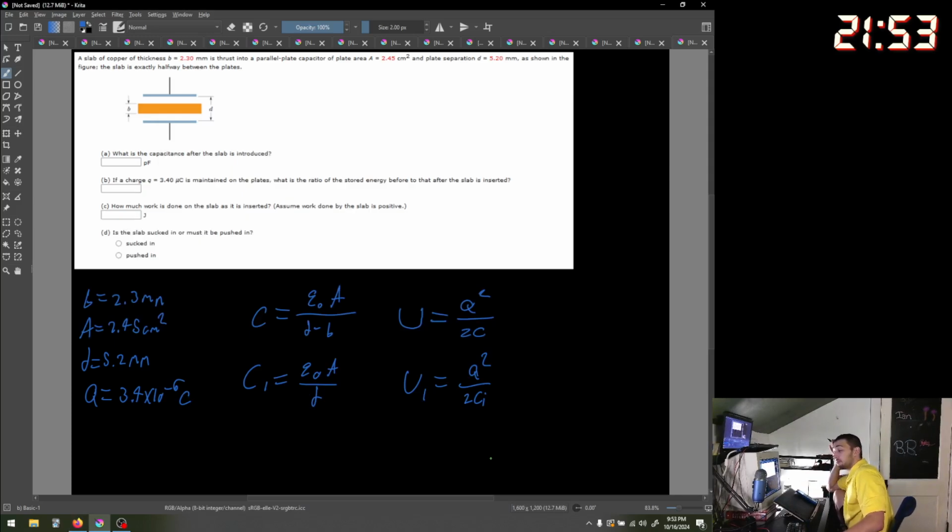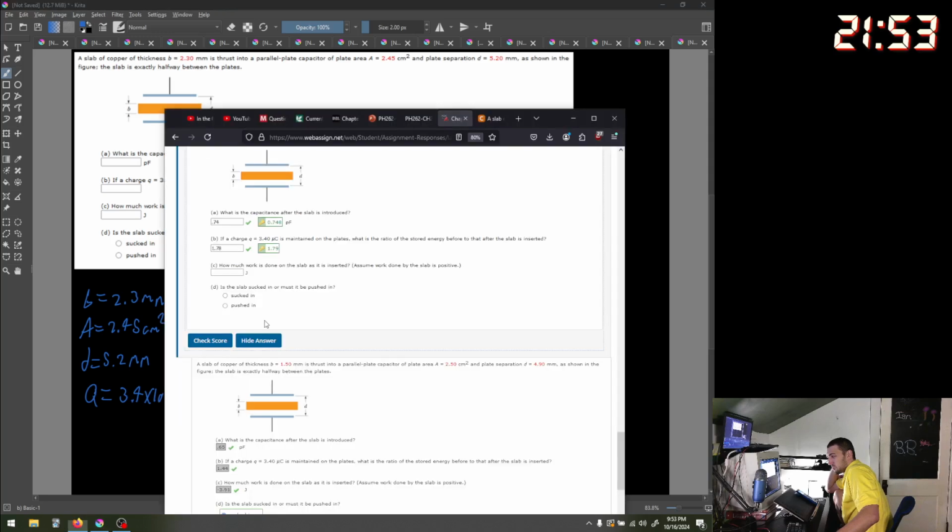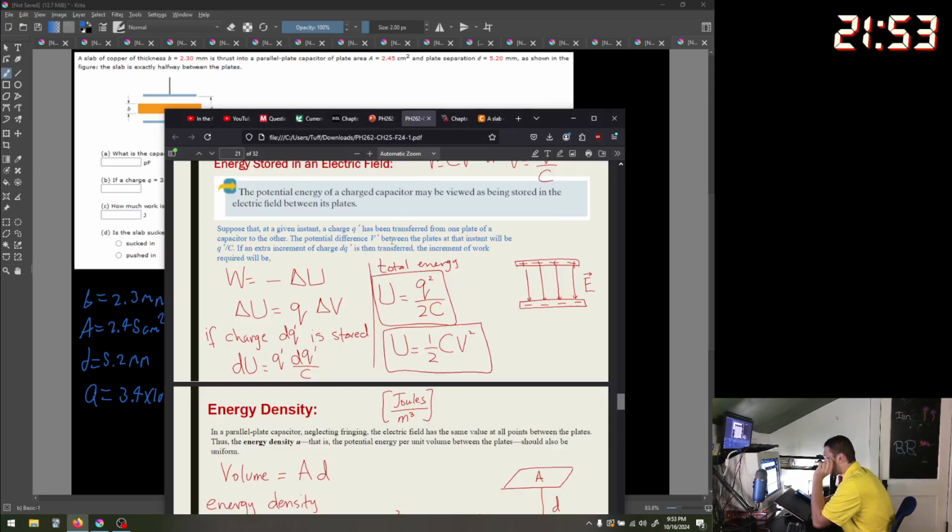That's pretty neat. And how much work is done on the slab as it is inserted? Some work done is changing U, right? We found both of the U's. We found the difference.